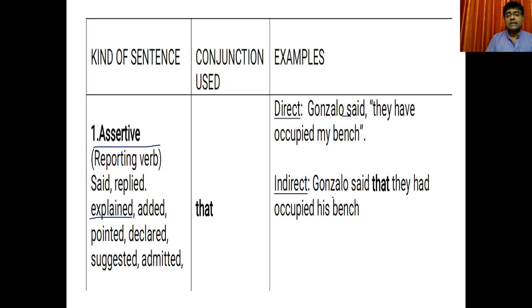So it is done as Gonzalo said that they remains the same. "Have" has been changed into "had". Then "my bench" has been changed into "his bench". You see, only the helping verb has been changed from present tense to past tense, and the person has changed from mine. My has changed into his.